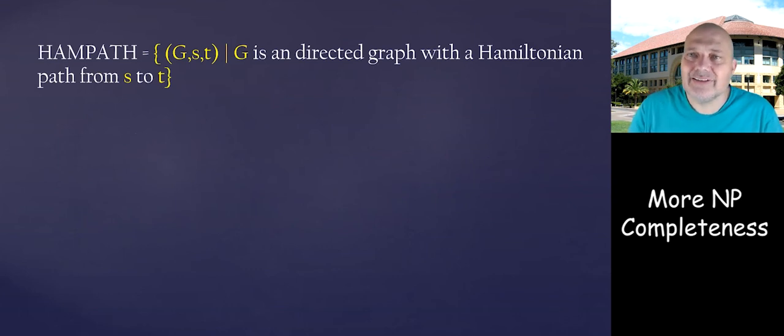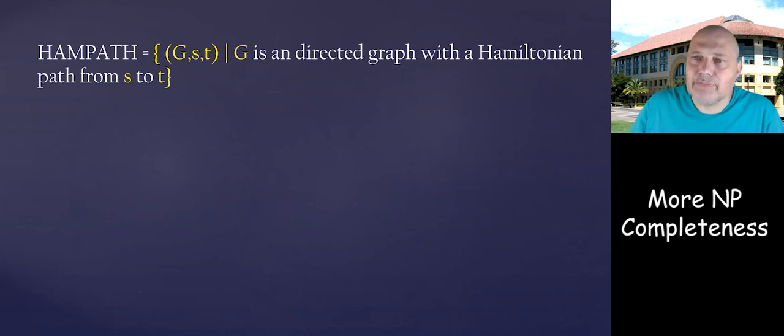In fact, we're going to use a reduction from another problem, whose NP completeness I won't show. I think Sipser does. It's Hamiltonian path. The Hamiltonian path problem is G, S, T, where G is a directed graph with a Hamiltonian path from S to T. A Hamiltonian path is a path that visits all vertices. This is NP complete.